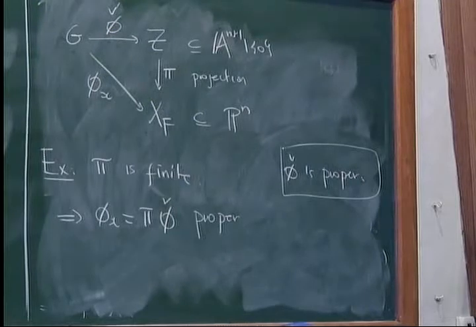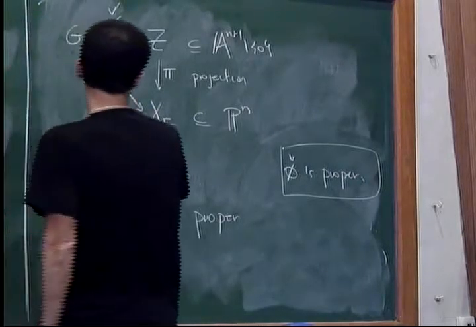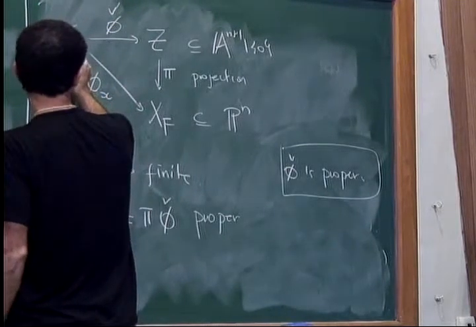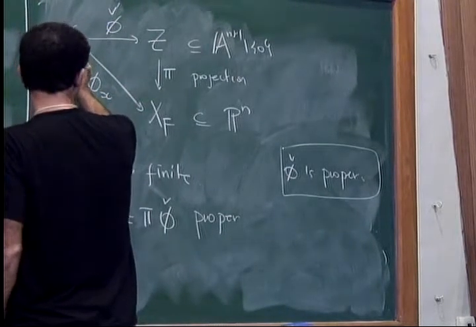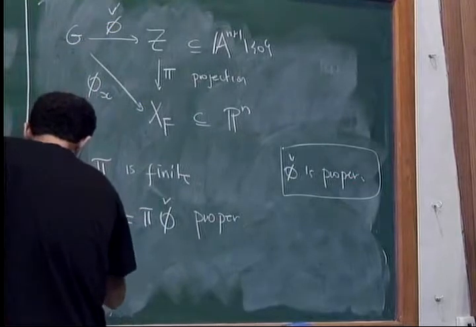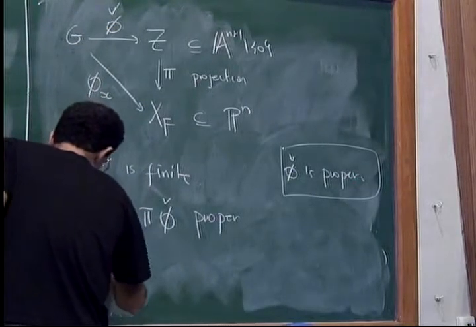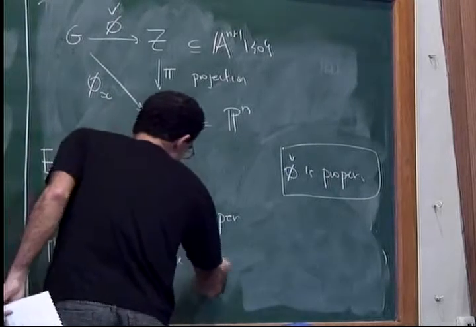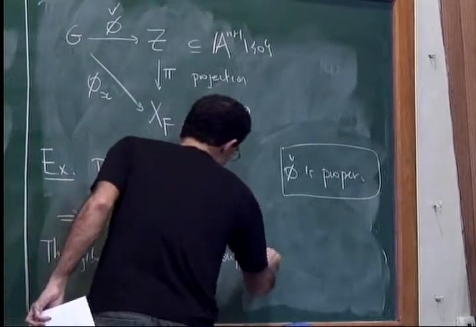Okay? Now, being proper means that the fibers are complete. But this is affine. The fibers are closed. So the fibers are also affine. So the fibers are affine and complete. So that means that they are finite.